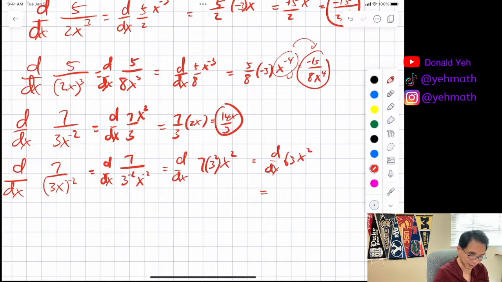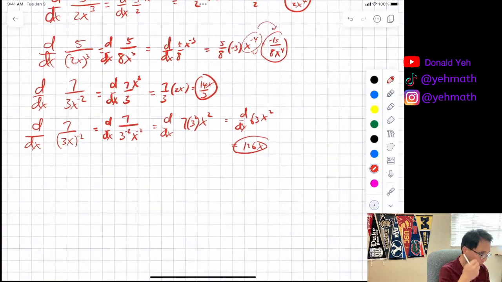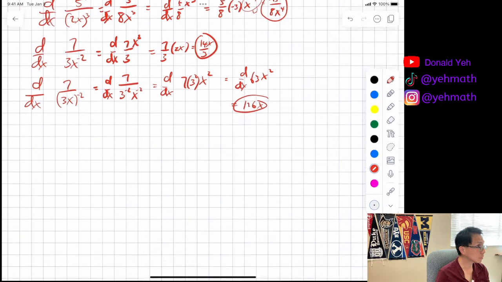So if I take a derivative of this, it's going to be 126x. Got it? Okay.